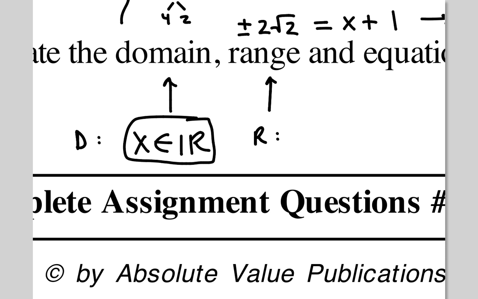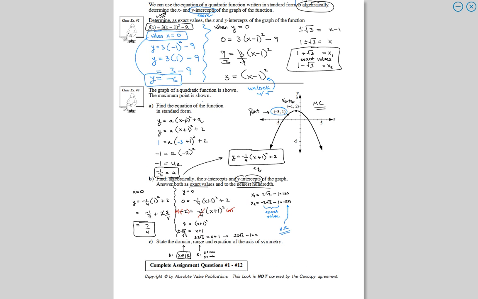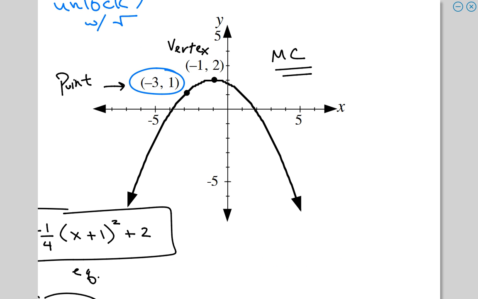Okay, so what's the range going to be? You have two options always for the range. It'll always be y less or equal to a max, or y greater or equal to a min. That's always going to be the case. So which one here? Are we looking up at God, or are we looking down at Satan? Which way are we looking? We're looking down at Satan. Satan's down here, and God's up here.